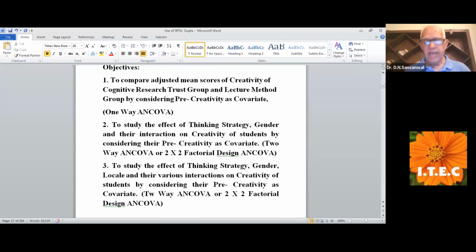Here I have the three discontinuous variable, so it will be three-way ANCOVA, and it will be 2x2 factorial design ANCOVA, because the locale will also have the urban and rural. If you want to have semi-urban, then it will become 3. So like this, if you want, you can write some more, no problem at all.